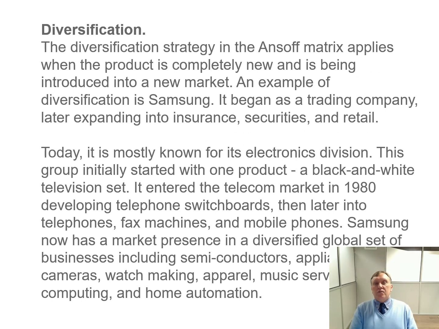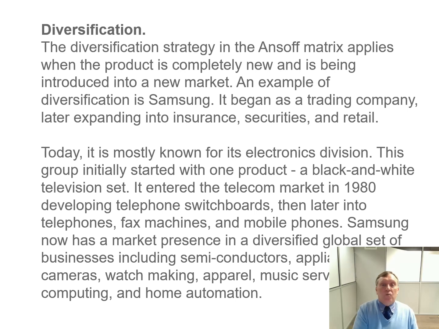Diversification, we've already touched on some of that. The diversification in the Ansoff matrix applies when the product is completely new and is being introduced into a new market. So an example of diversification, Samsung began as a trading company and then later expanded into insurance, securities and retail.